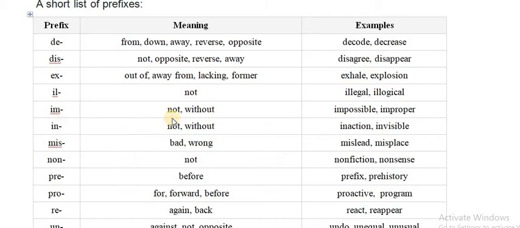Im: not, without. Impossible, improper. In: not, without. Inaction, invisible. Mis: bad, wrong. Mislead, misplace, misbehavior.